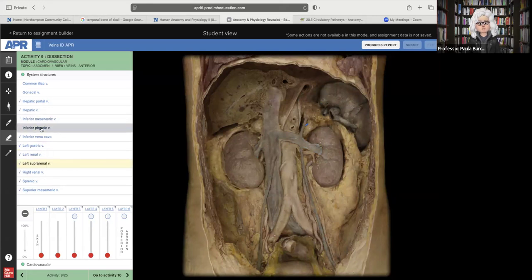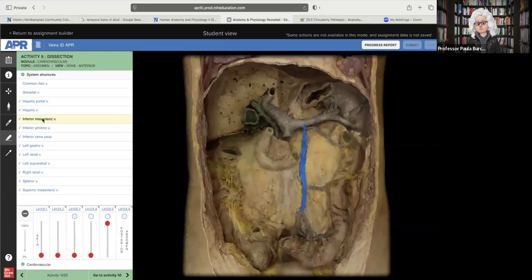We're also going to have an inferior phrenic vein coming from, here's your diaphragm, draining that part of the body, and an inferior mesenteric vein. So this is your mesentery here. Here is your colon. The mesentery is that membrane between your digestive tract organs.